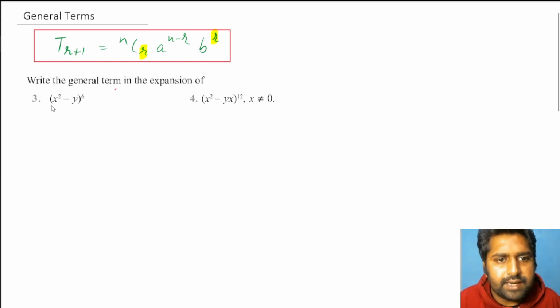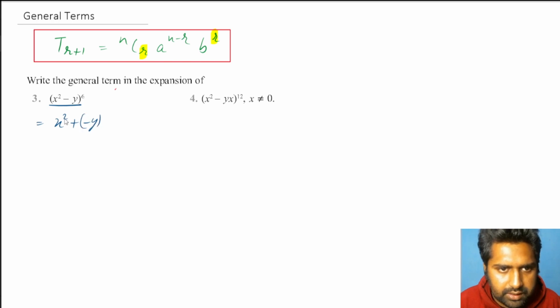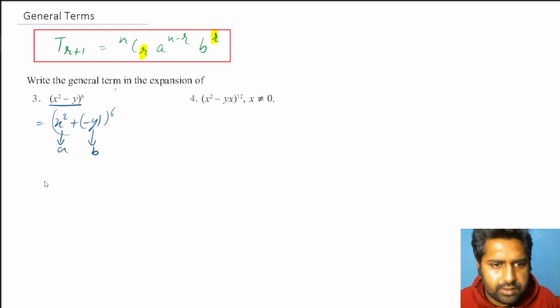Okay, he's saying write the general term of this expansion. A is x square, and you rewrite this as, first of all, x square plus minus y complete raised to power 6. So this is your A and this is your B. Okay, let's write down the general term.